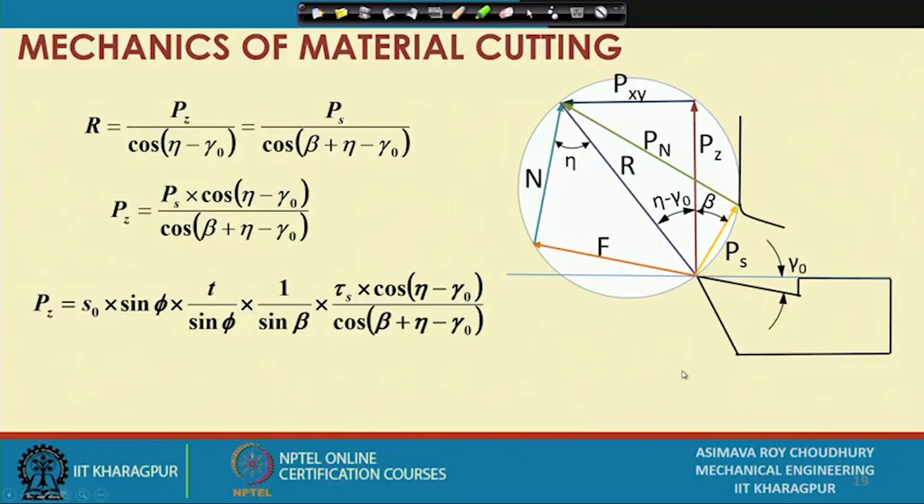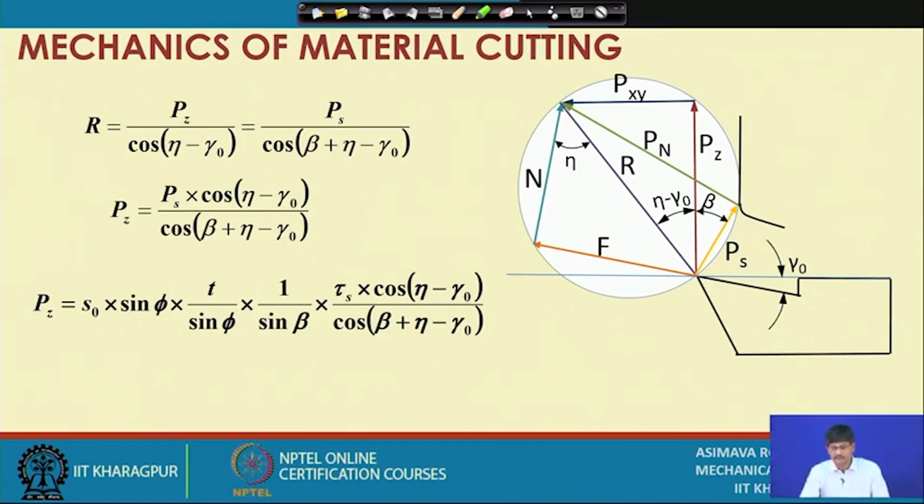in the last discussion that we were having, we derived the relation between the main cutting force Pz and the shear component of the resultant force Ps along the shear plane.